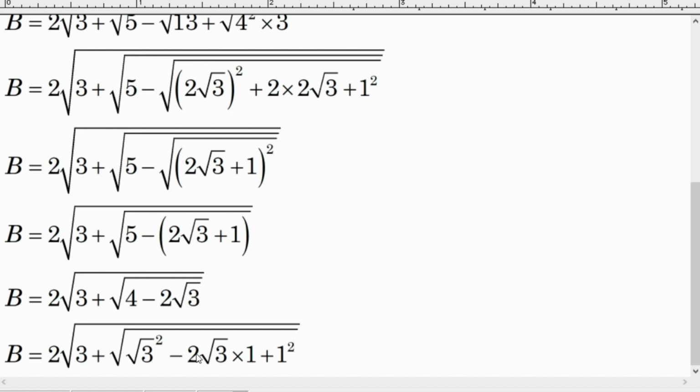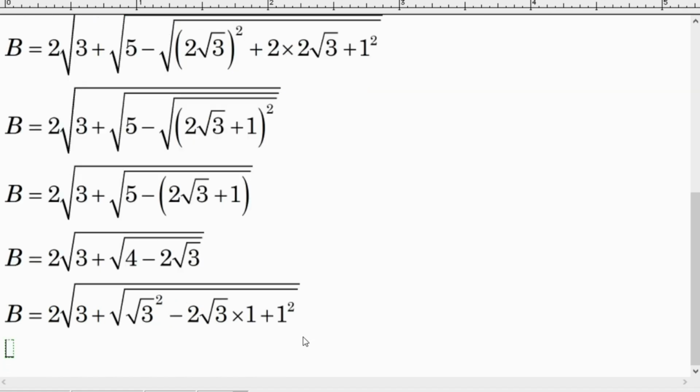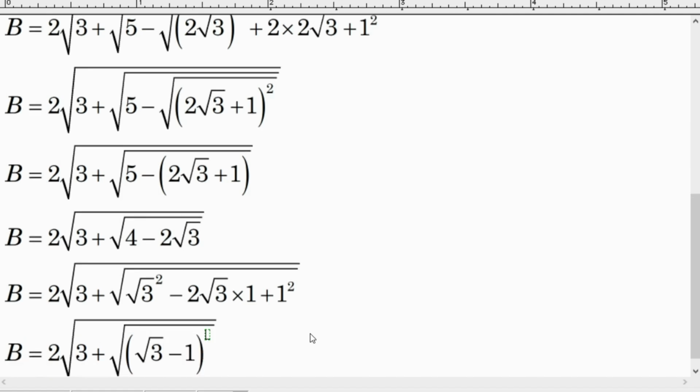Okay, so now we have a square minus 2ab and then plus b square. So what we will get, we get b equal to 2 square root of 3 plus square root of a minus b all raised to square. That would be square root of 3 minus 1 and all raised to square.